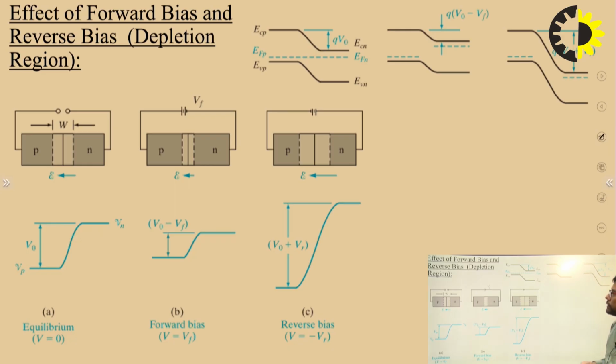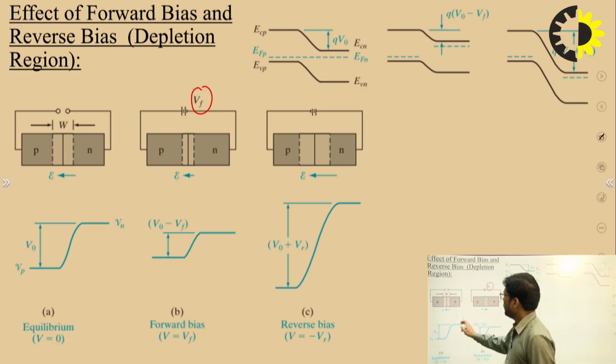Next, I will discuss two cases, the forward bias and reverse bias. As you know, we can apply the forward bias condition for the PN junction diode and the reverse bias condition for the PN junction diode. In the case of forward bias, we know the depletion layer width will decrease and the barrier potential height is also decreased by the amount of VF.